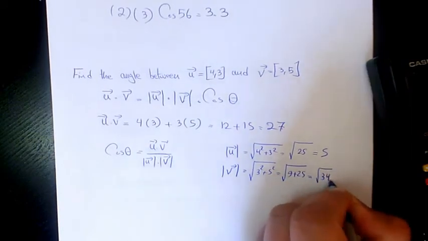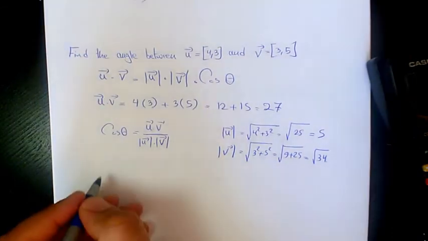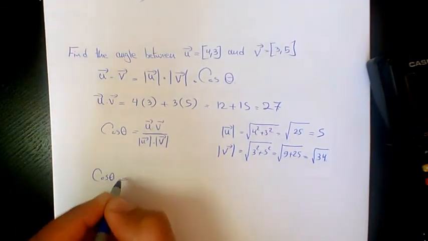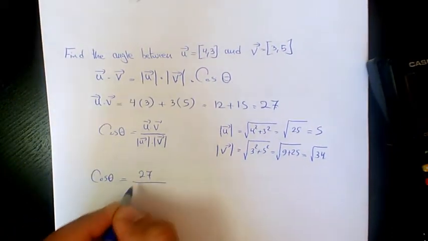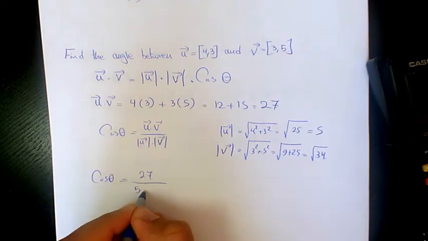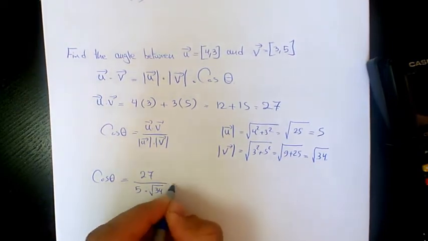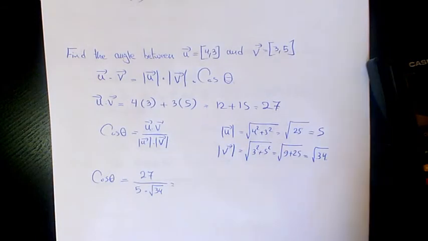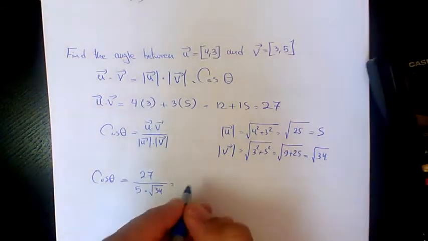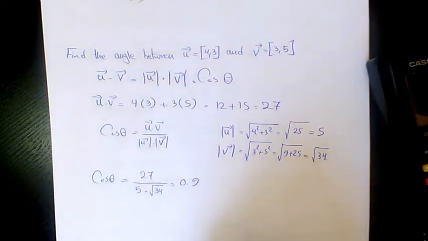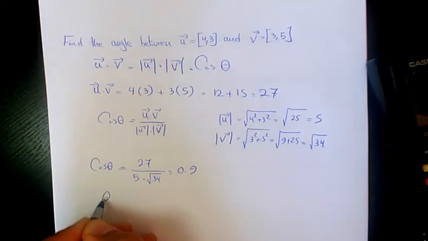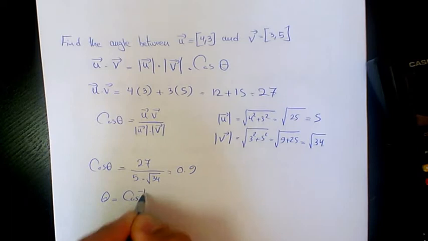It's going to be 34. So cosine theta equals 27 divided by 5 times the square root of 34. So it's 27 divided by 5 divided by the square root of 34. 0.9 is going to be the cosine. So theta is going to be the inverse cosine of 0.9.